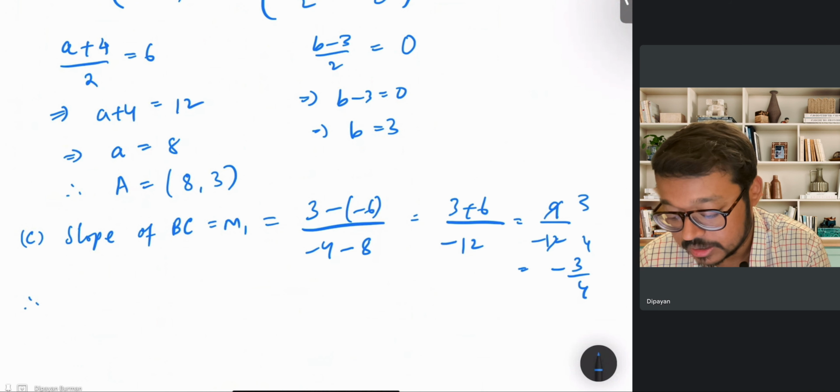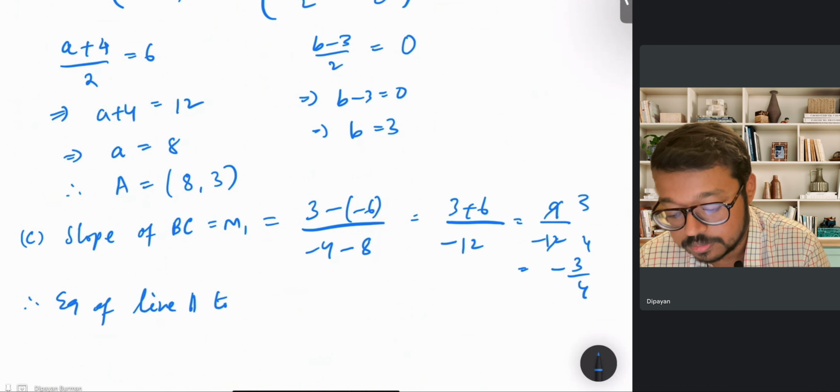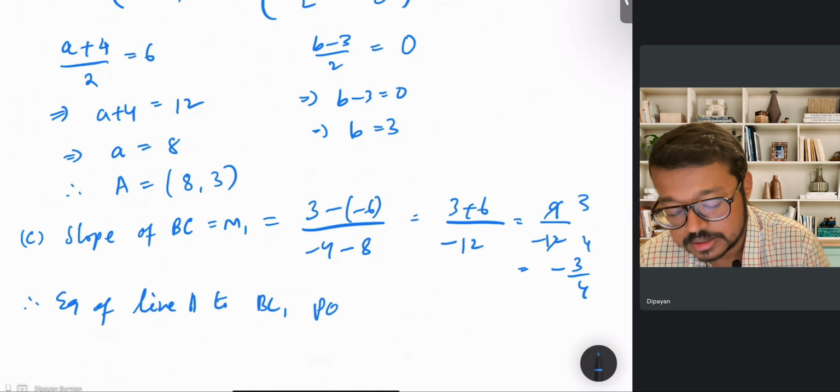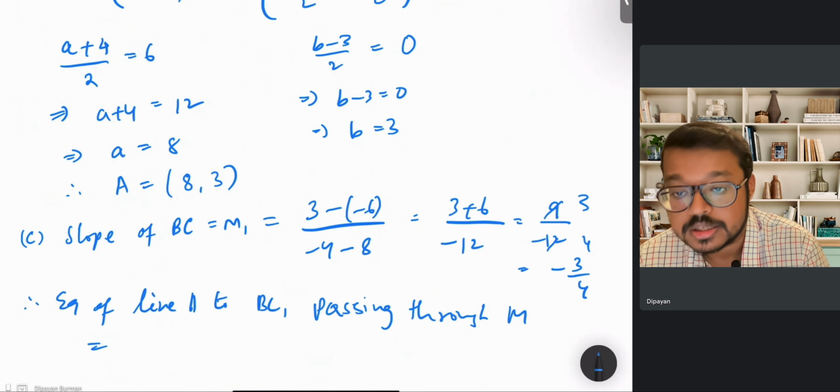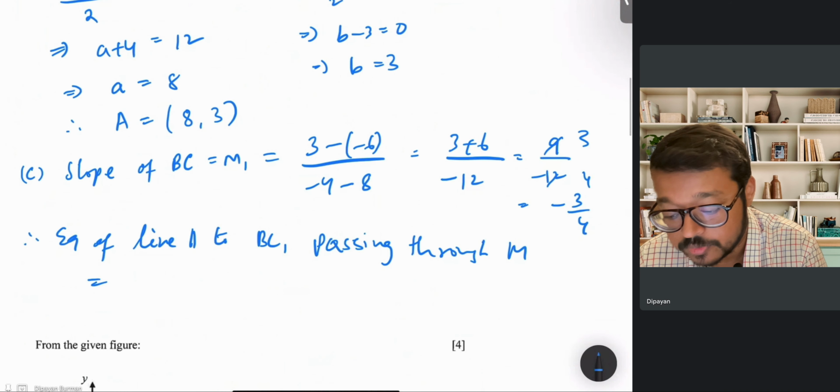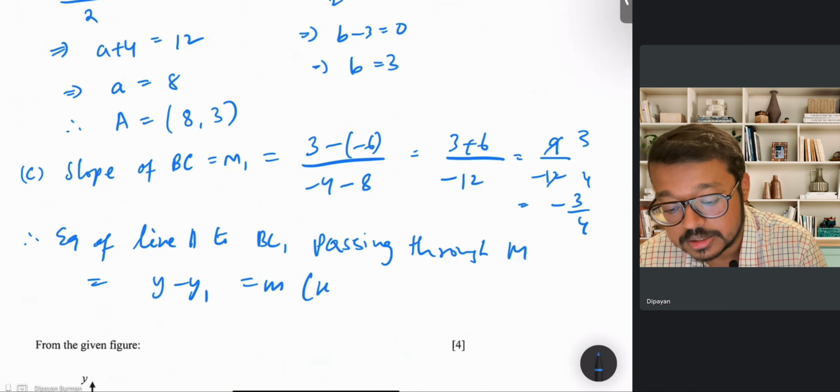So therefore the equation of the line parallel to BC passing through point M will be, in point slope form, y minus y1 equal to m into x minus x1.